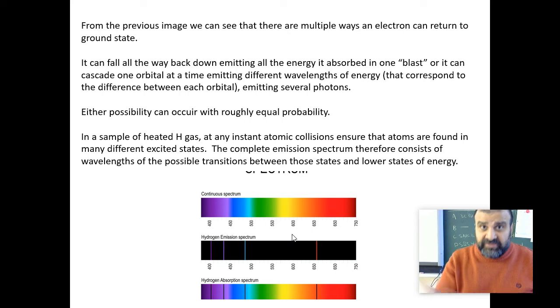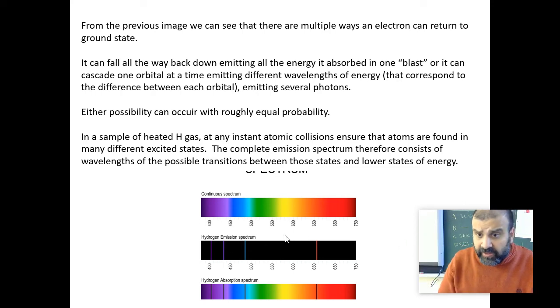So it's going to absorb those energies of light, and it's going to excite electrons in the hydrogen, and we get the absorption spectrum. Note that it is the exact same as the emission spectrum. So hydrogen is hit, electrons get excited, they fall back down, and they emit these wavelengths of light for hydrogen.